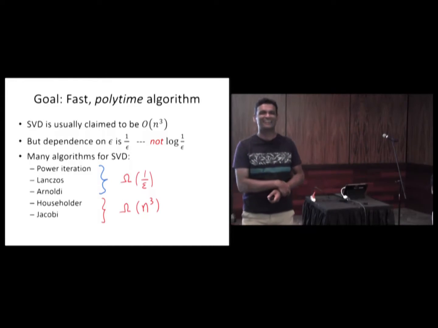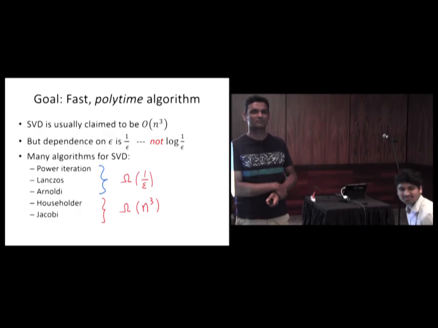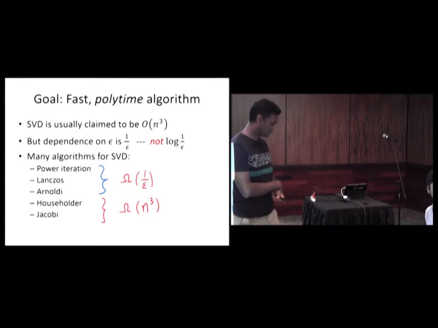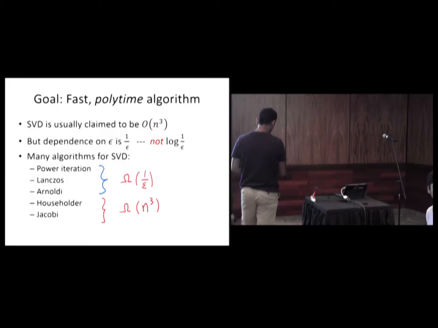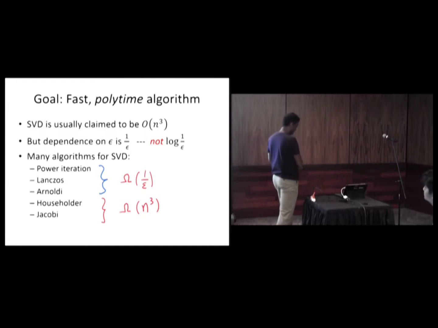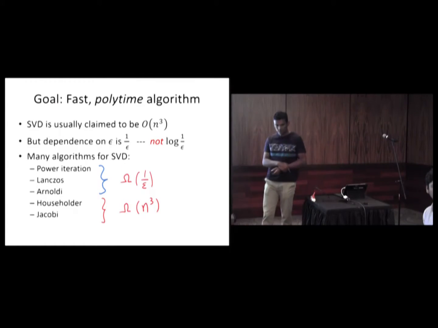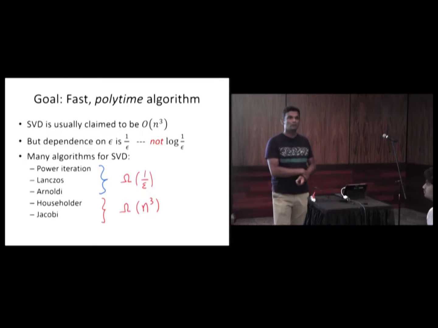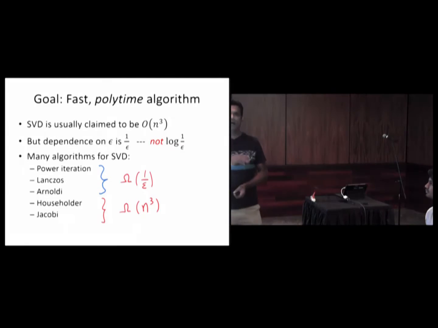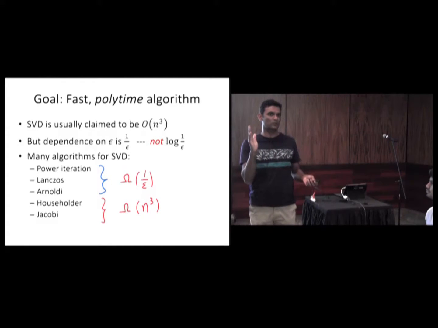How do you distinguish between having a local minimum just above zero versus a local minimum just below zero? It's a real rooted polynomial. Yeah, but you have to actually find the exact root in order to distinguish. Unless you can actually locate the exact root, you can't tell whether it's above or below zero. I'm not claiming to tell whether it's above 0 or below 0. I'm only claiming to give you an additive epsilon approximation.